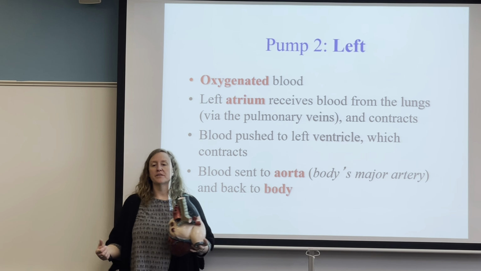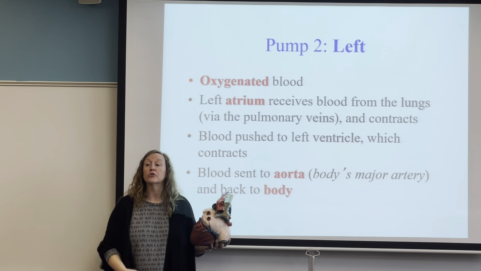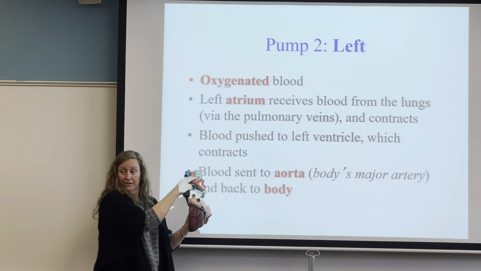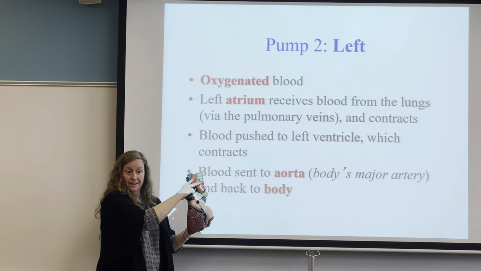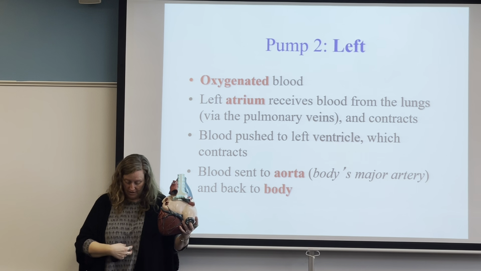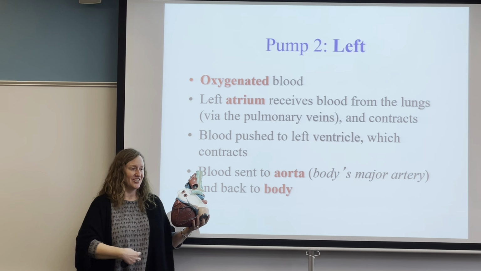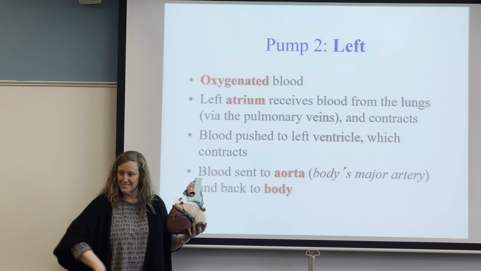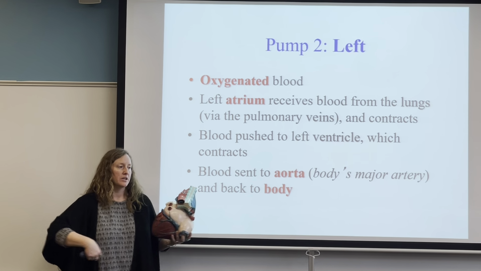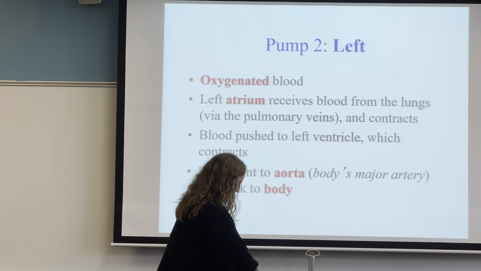So when we say out to the body, we mean the whole body, including the head. Right away, you've got three branches immediately that service the head and the arms. And then the dorsal aorta has little stops, like a subway station. It's going to stop here, and then stop here. And every time it stops, it has another branch that goes in another direction to service other things in our body.